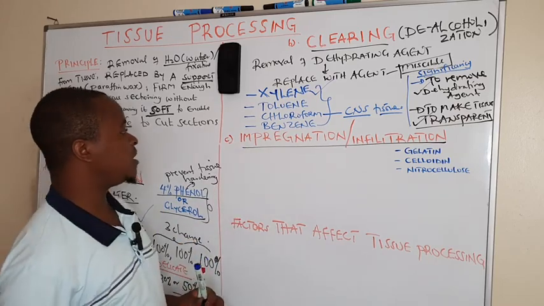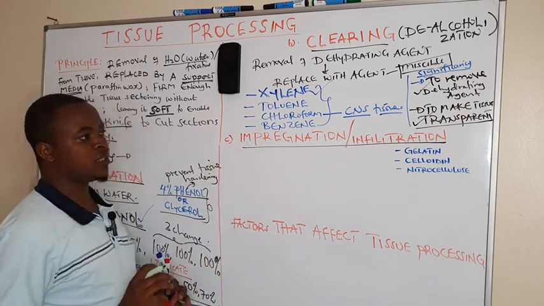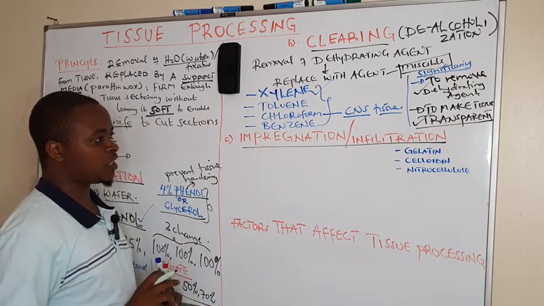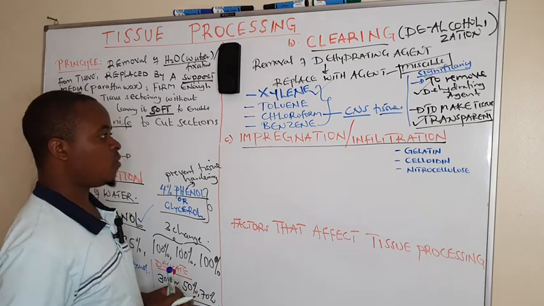After looking at clearing, lastly we can look at impregnation as the last step under tissue processing.